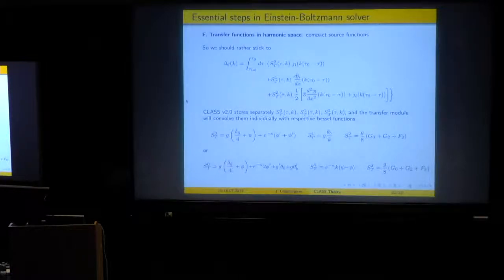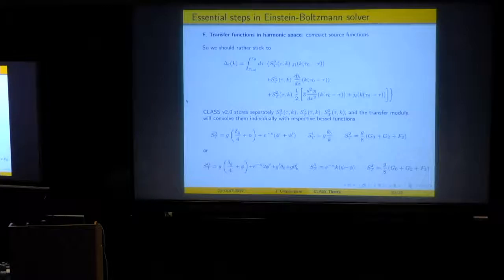The Sachs-Wolfe term is in S0. Most of the integrated Sachs-Wolfe is in S0. The Doppler is in S0. S1 is a tiny correction corresponding to a very small part of the integrated Sachs-Wolfe related to the difference between the metric fluctuations. This comes from the anisotropic stress of neutrinos and photons.